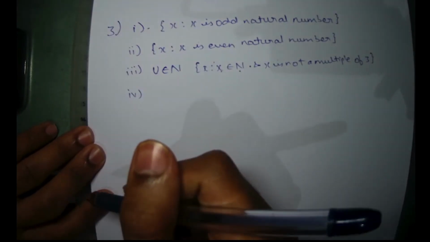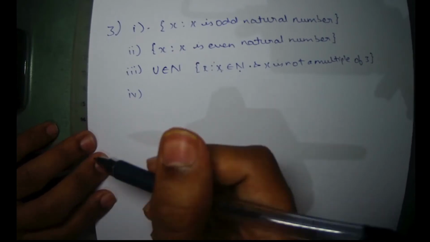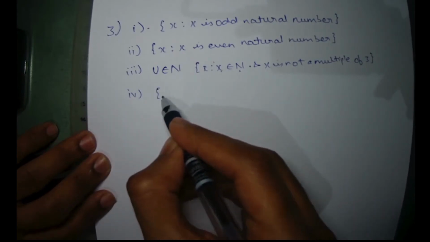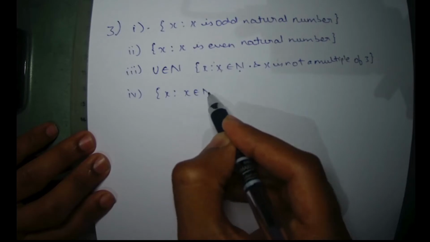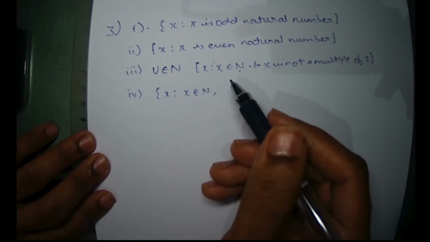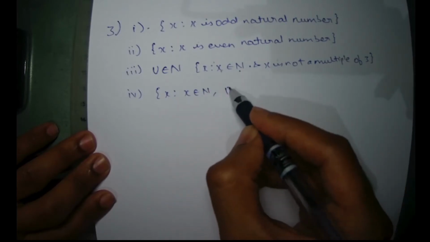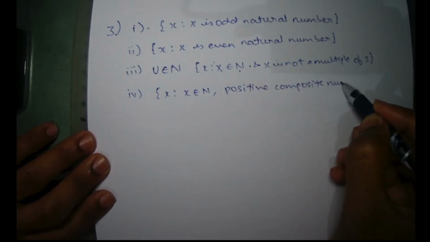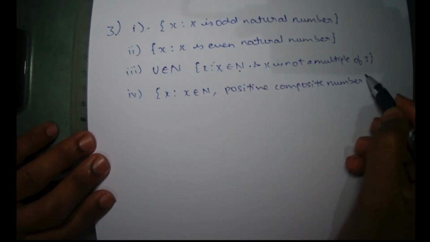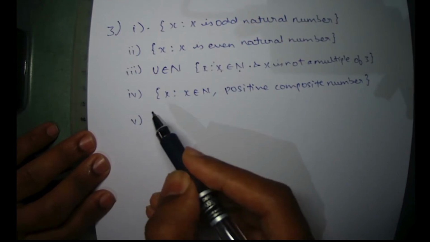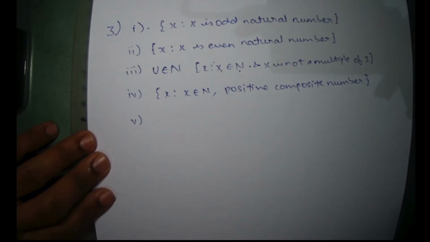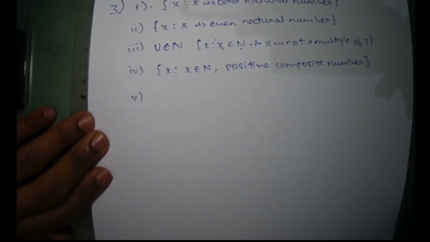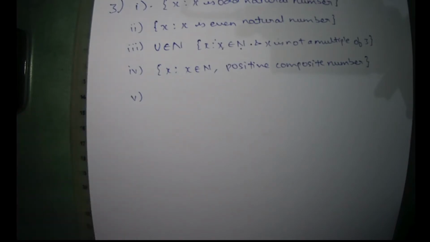So the fourth question we have X is a prime number. So X, where X belongs to N, X is not a prime number or a positive composite number. Since the universal set is natural numbers, we cannot have any negative numbers in the answer. So fifth question is X is a natural number divisible by 3 and 5.